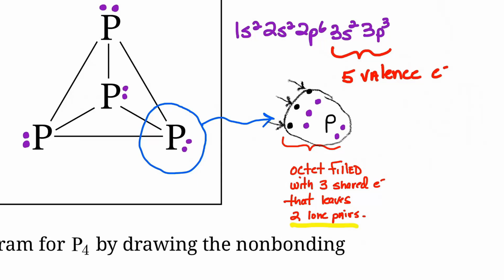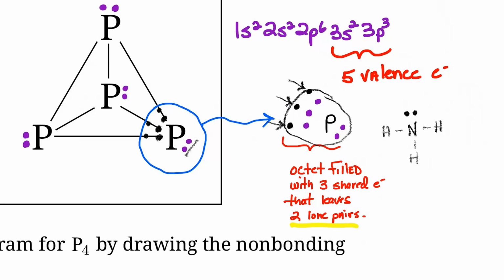So it makes sense that each of these phosphorus would have an electron here, and then the other phosphorus would donate the other electron to make the bond, and we would have our octet, leaving us with a lone pair. And you just think about nitrogen, who's in the same group, which classically has lone pairs when it fills its octet, for instance ammonia, for the same reasoning. So in any case, you need a lone pair there to fill that octet.